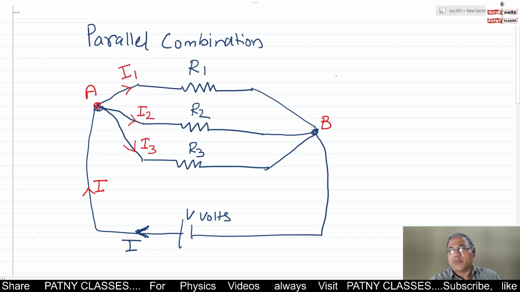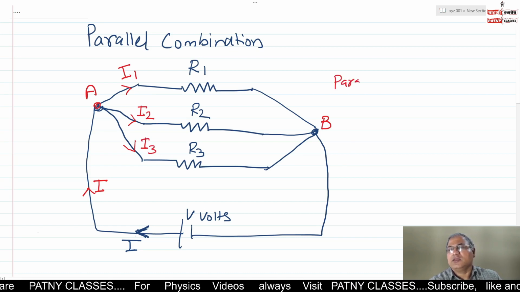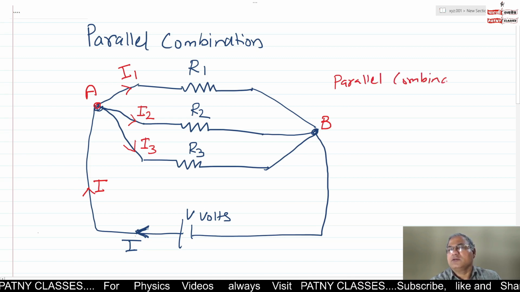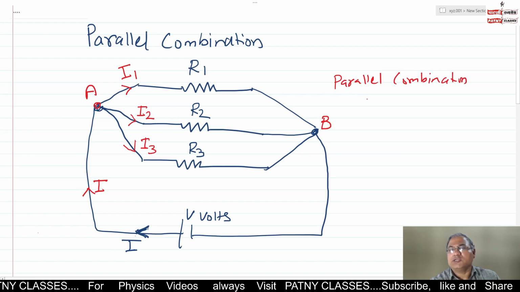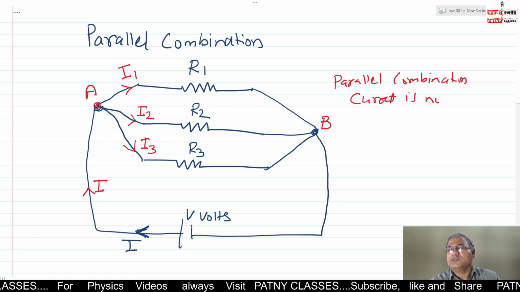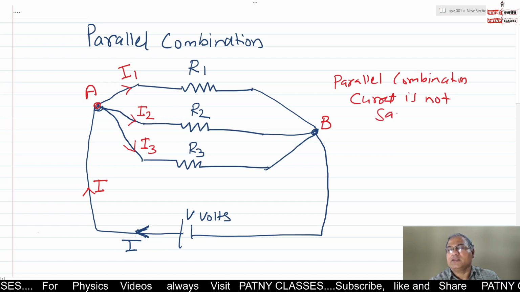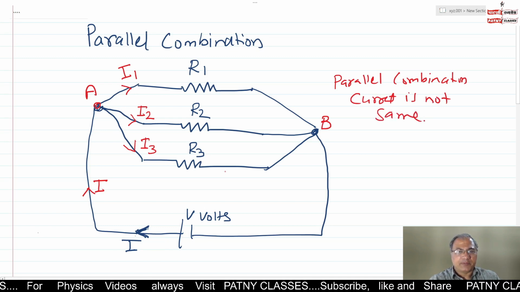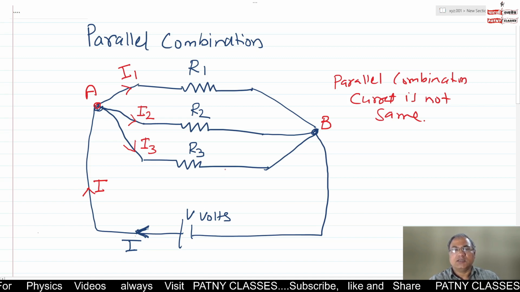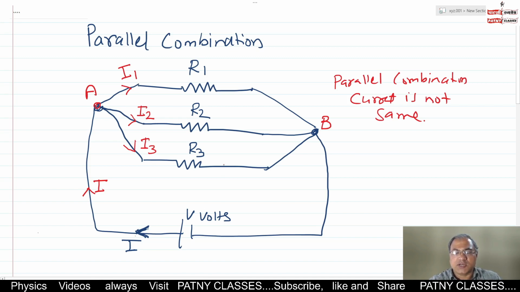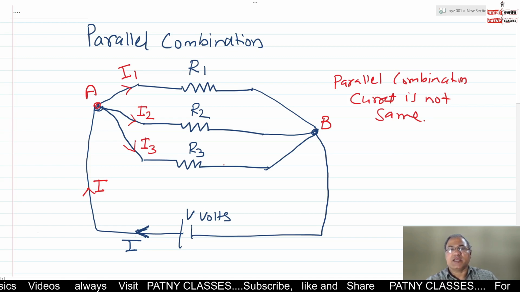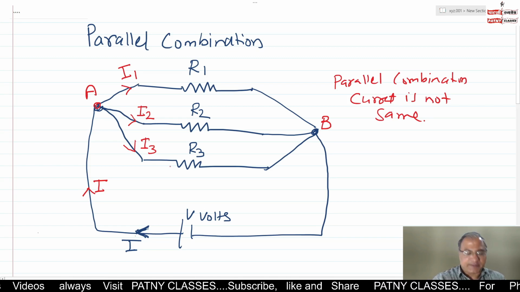Thus, in parallel combination, current is not the same. A different amount of current will flow through every resistor, depending upon the magnitude of the resistance.